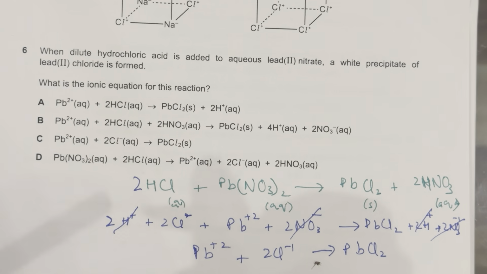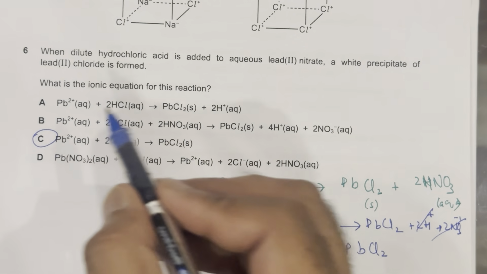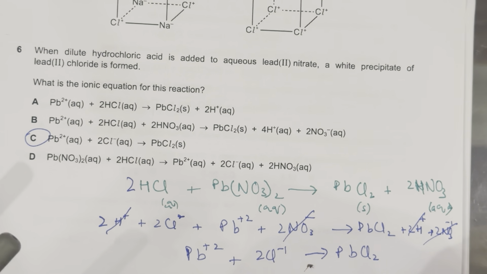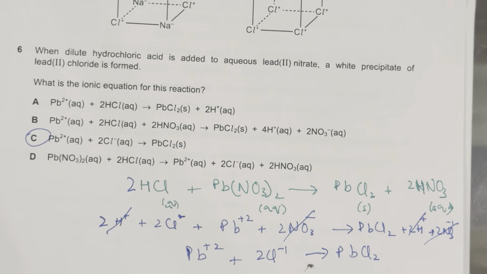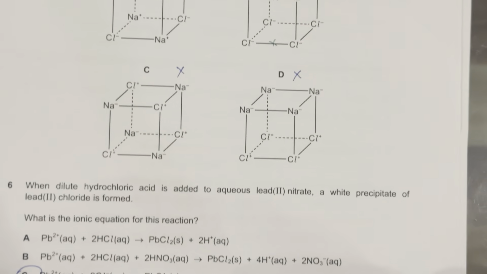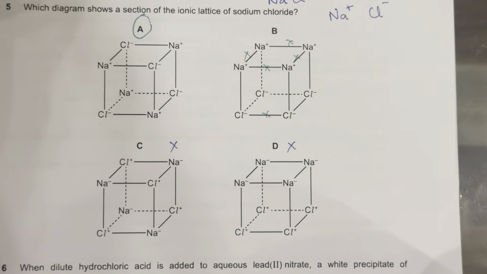So option number C is the correct option. First we built the equation, then we changed it to the ionic equation, then we solved it by cancelling the common ions, the spectator ions.